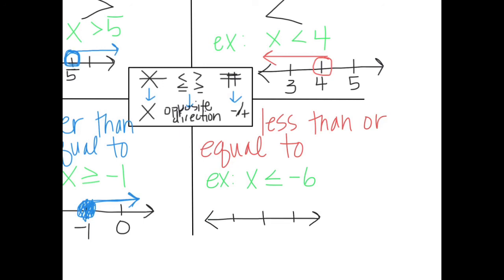So if I'm making just 3 hash marks, I want to make sure I include my -6, -7, -5. And as I make my dot, I notice that just like with greater than or equal to, less than or equal to is telling me with this little line that it's not just numbers less than -6. It's numbers less than -6 or equal to -6. So I show that it could actually be -6 by shading in the dot, and now I can follow the direction of the arrow.